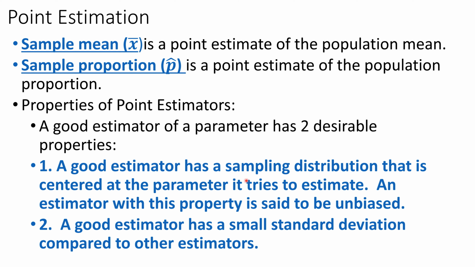A good estimator has a sampling distribution that is centered at the parameter it tries to estimate. An estimator with this property is said to be unbiased. Second, a good estimator has a small standard deviation compared to other estimators.